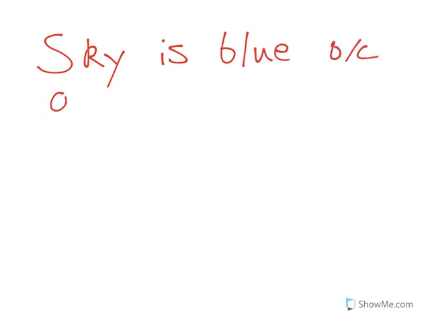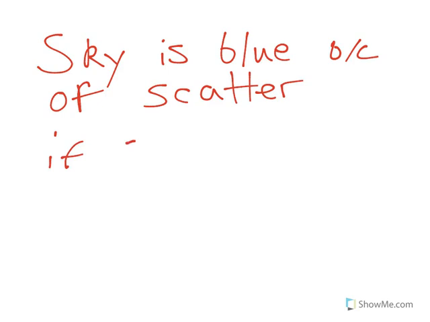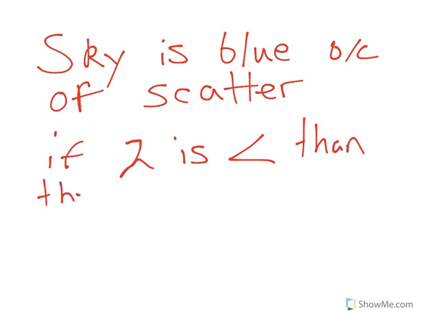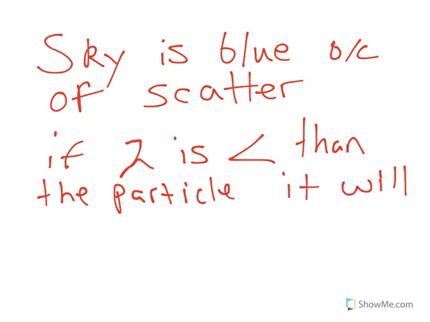And what happens is, if the light wave's wavelength is smaller than the particle, it will scatter. And so blue light is smaller than the molecules in the atmosphere. So blue light will scatter and appear to be filling up the sky.